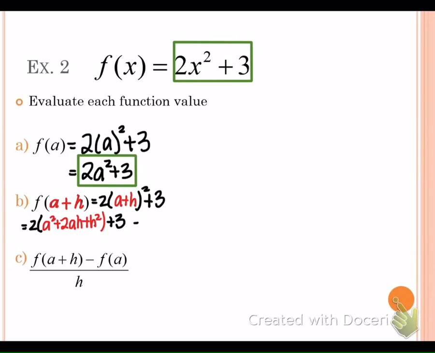We're going to simplify this all out by distributing out that 2 to 2a squared plus 4ah plus 2h squared plus 3. So this is our next part right here. We can't really reduce any of that down.